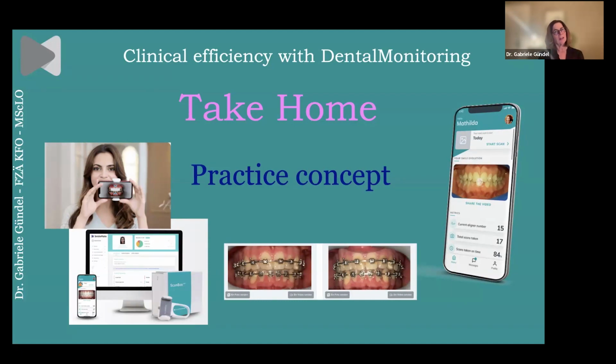But now, I hope I could show you my concept, how I'm really working in detail with dental monitoring. Then you can reorganize your office, and you can have all of these advantages I hopefully showed you this evening.